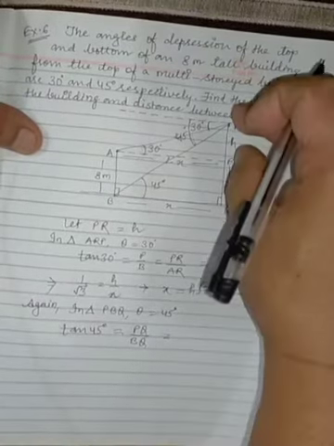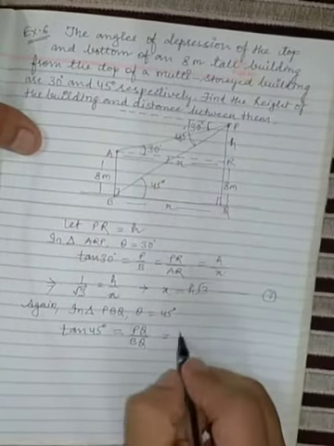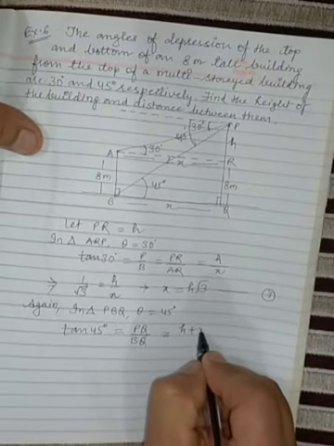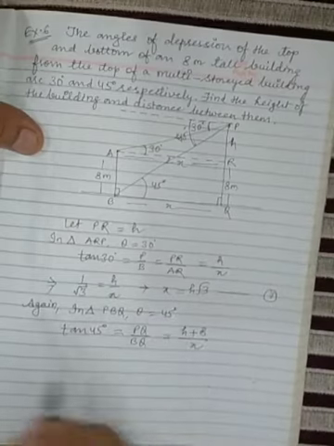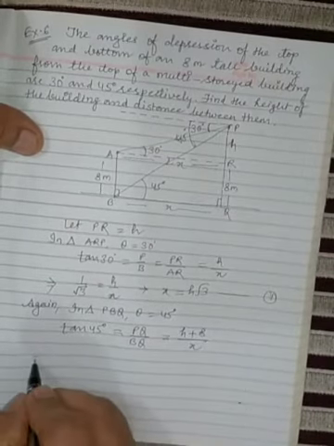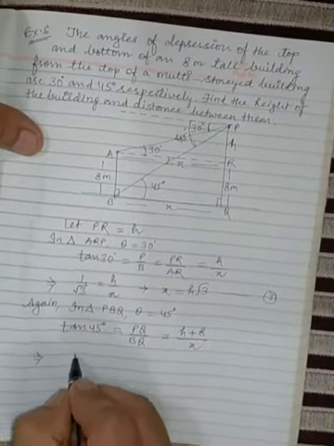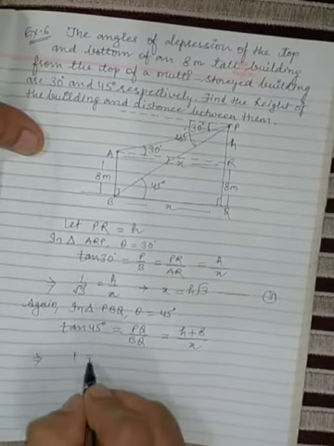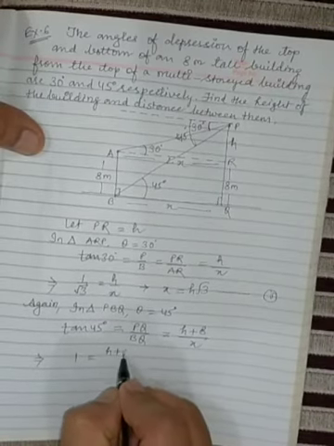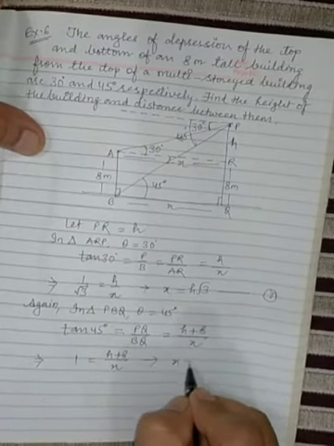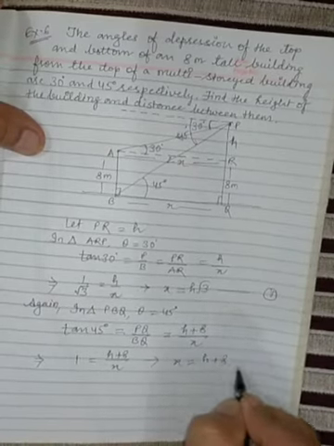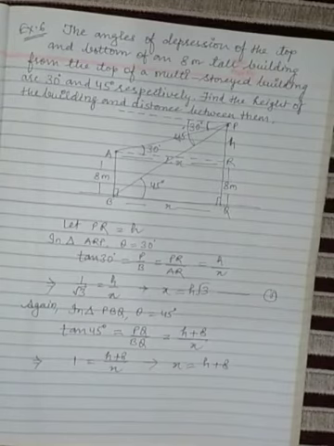So PQ is equal to PR plus RQ is equal to H plus 8 upon BQ is equal to X. Now as we know that tan 45 degree is equal to 1. So 1 is equal to H plus 8 upon X. Therefore X is equal to H plus 8 by cross multiply.